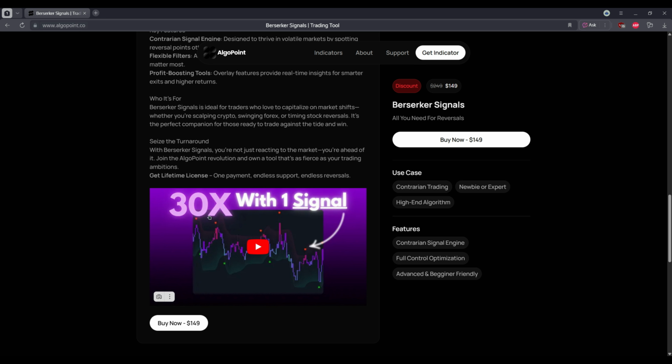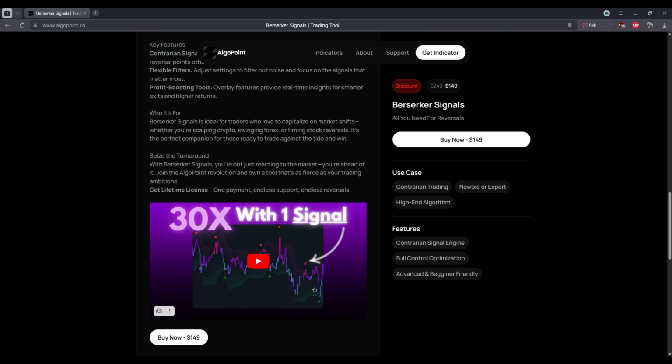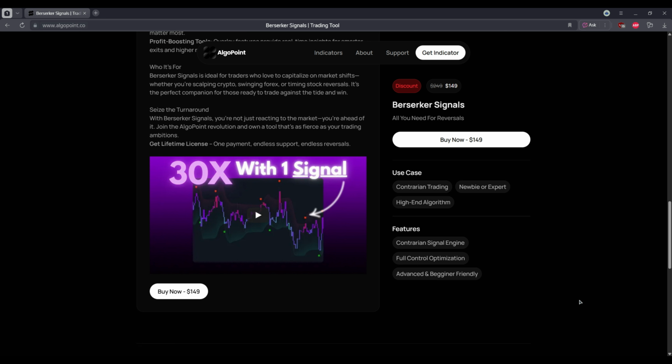Okay, now that's a problem. 30x with one signal, that's a problem. I would say it's close. I wouldn't necessarily say it's matched. Because when I see something like 30x with one signal, you're kind of making me think that I'm gonna get a really good signals indicator.